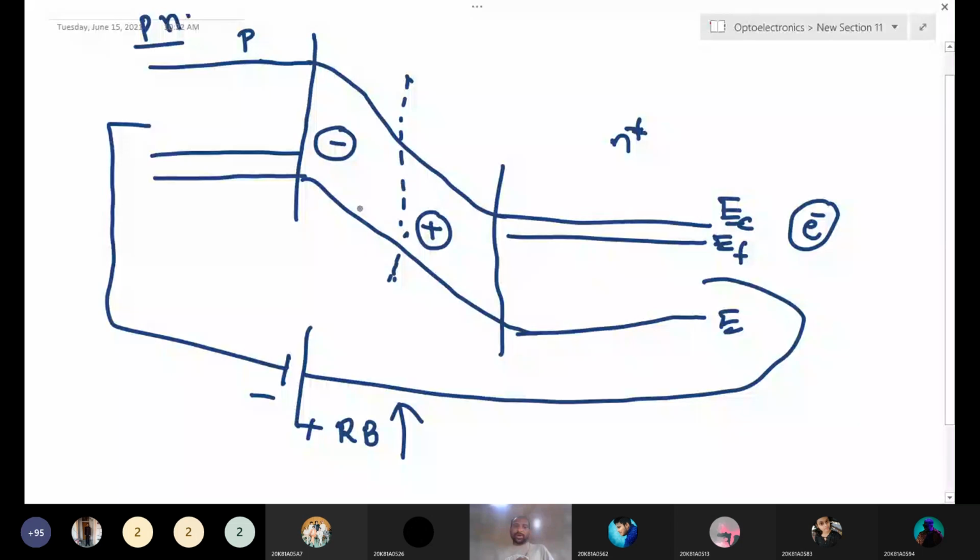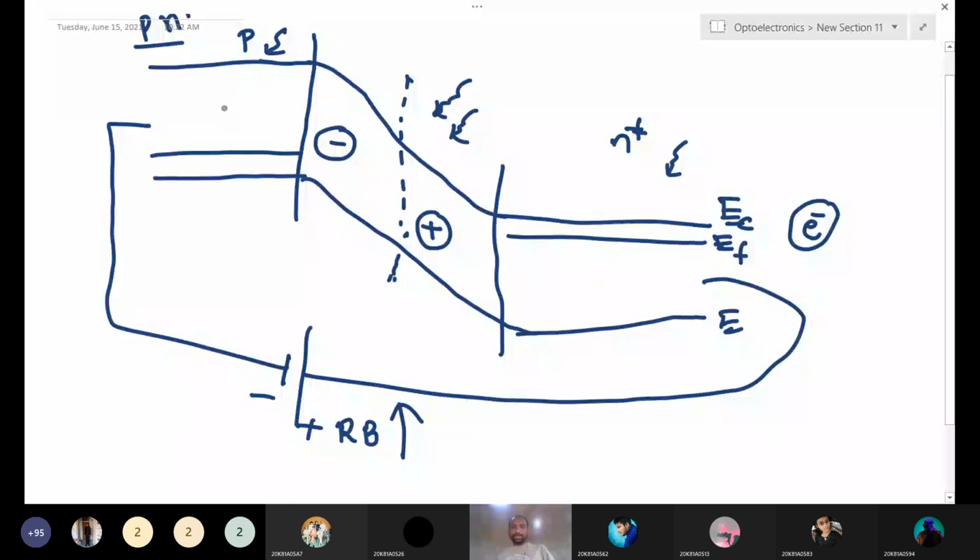Now we are shining light throughout the semiconductor. In the bulk region also electron-hole pairs will be generated, but these will recombine, so there is no use. Whatever electron-hole pairs are generated in the depletion region are very useful, because here the internal electric field is present.